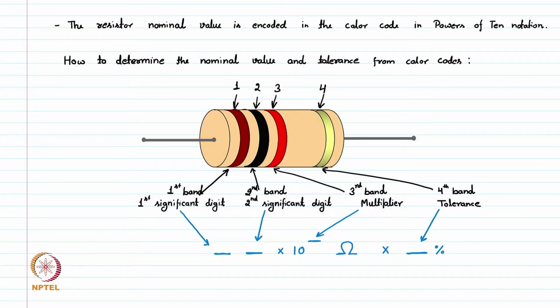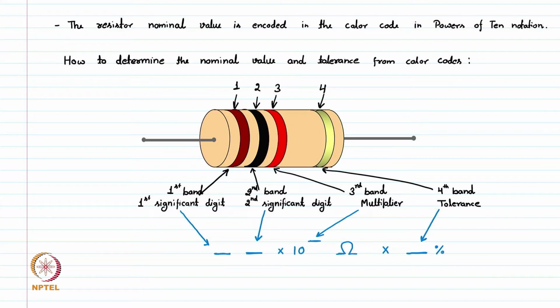So this is the formula we use to calculate the value for a resistor with 4 bands. The first band is the first significant digit, for example 1. The second band is the second significant digit, for example 0.